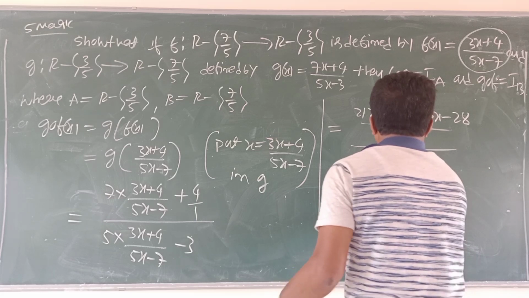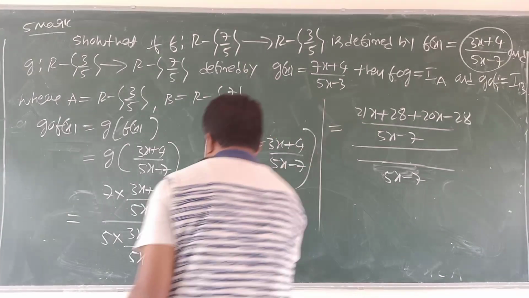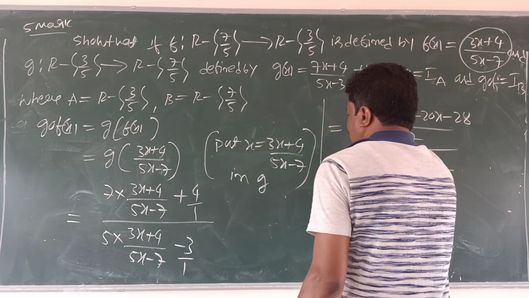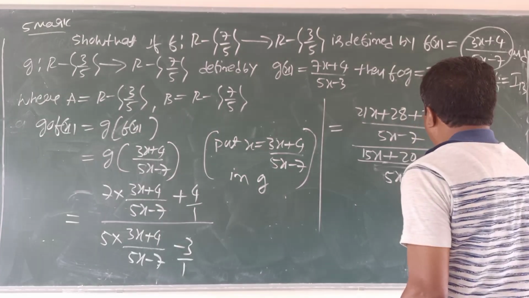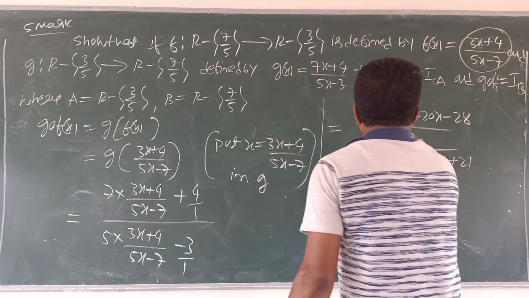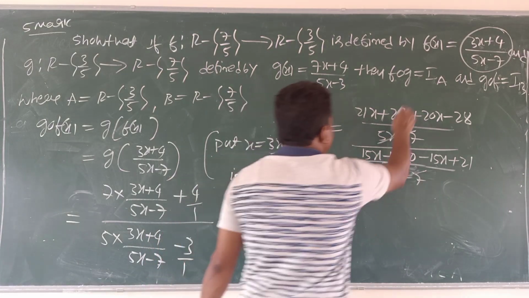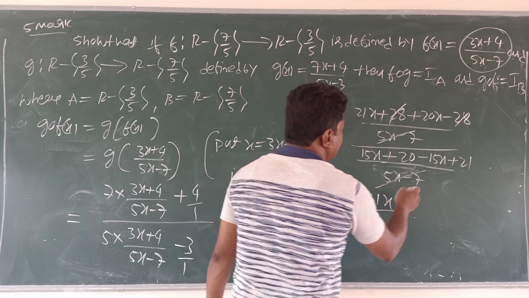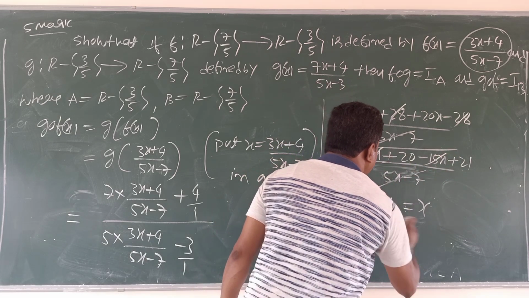Cross multiply: 1 into 5 3s are 15x plus 5 4s are 20, minus 5 3s are 15x plus 21. The 28 cancels. 21x plus 20x is 41x, by 20 plus 21 is 41, 41 gets cancelled, x.